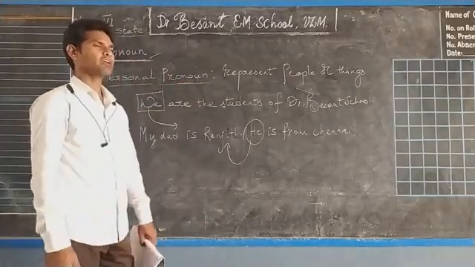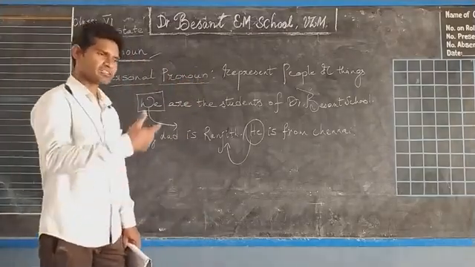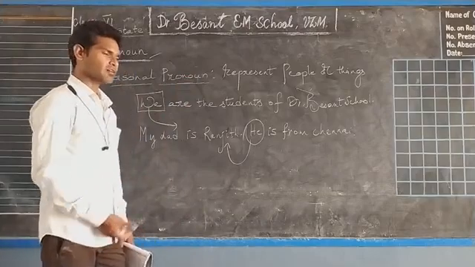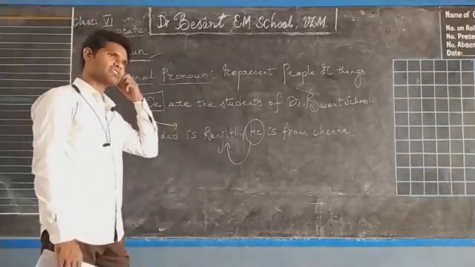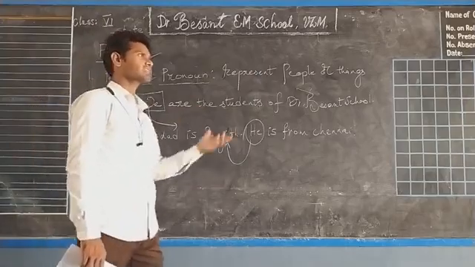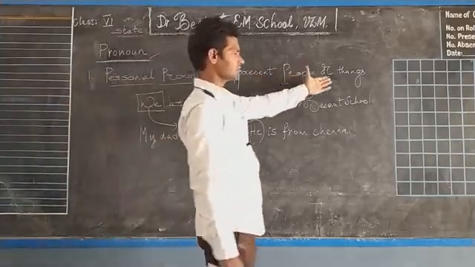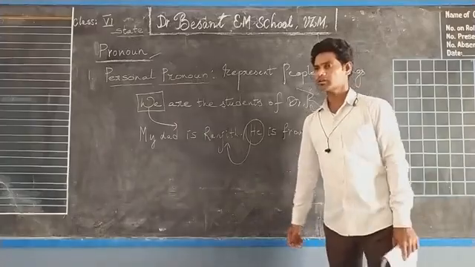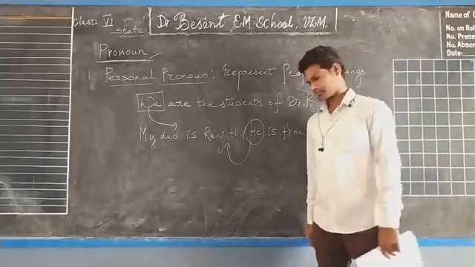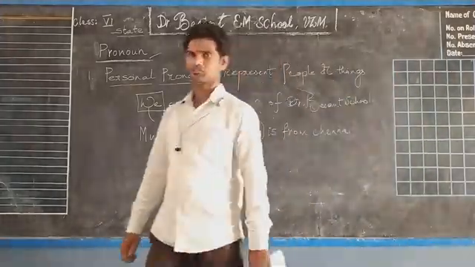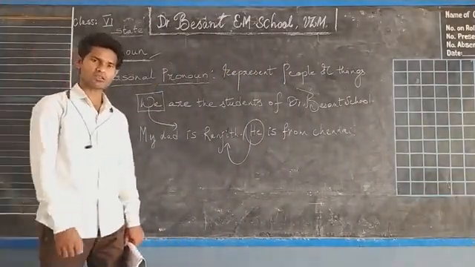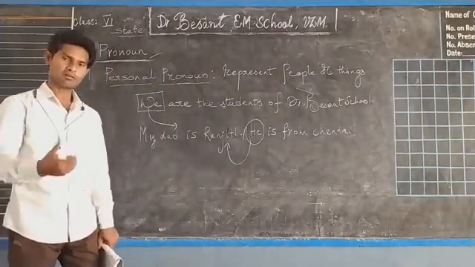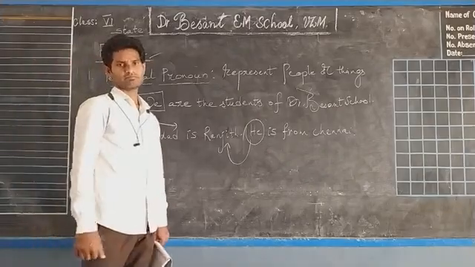So this is called a personal pronoun. A personal pronoun is nothing but the pronouns which represent or refer to persons, things and animals. It's simple. Almost all the pronouns used in the subjective case and the objective case are personal pronouns.